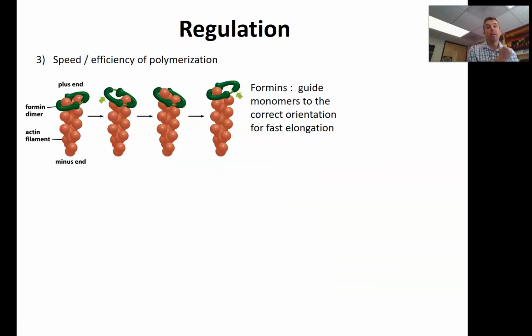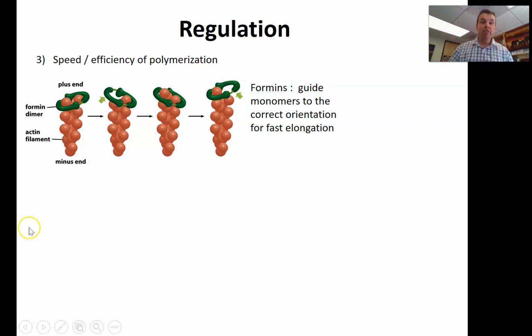All right, next regulation is the speed and efficiency of polymerization. So if you can actually help actin monomers come bind to the filament, you can grow that actin filament much faster, and by growing it much faster, it actually is able to grow much further because you have much longer filament before hydrolysis starts to catch up.